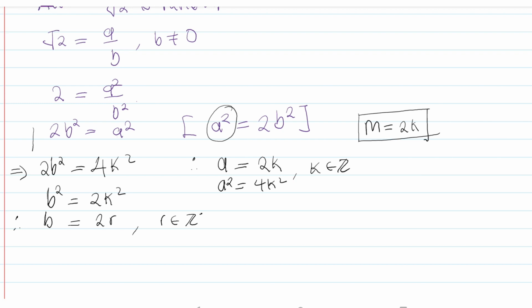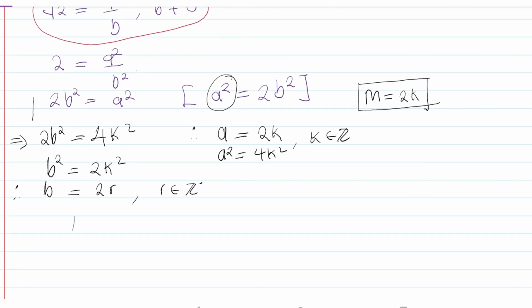Let us put the pieces together. Remember, we said the square root of 2 is equal to a over b, where b is not equal to 0. Now, what is a? We said a can be written in the form of 2k. So this is 2k over b. We said b can be written in the form of 2r. So we can cancel out 2 and 2, which gives k over r.